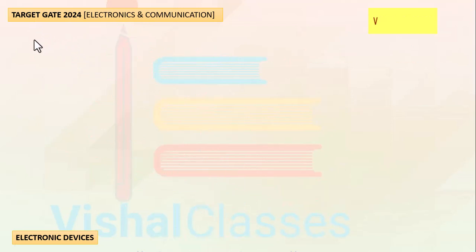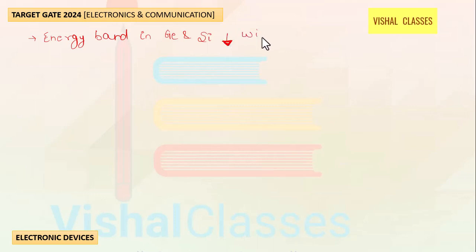Also write one more point. Energy band gap in germanium and silicon decreases with increasing temperature.